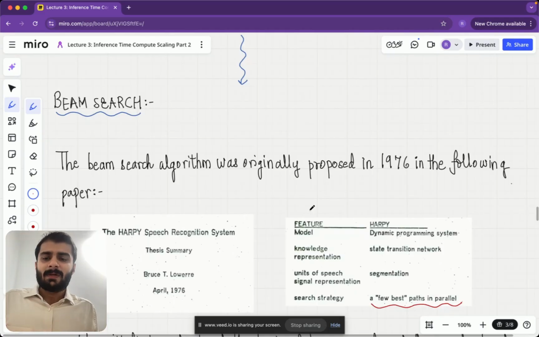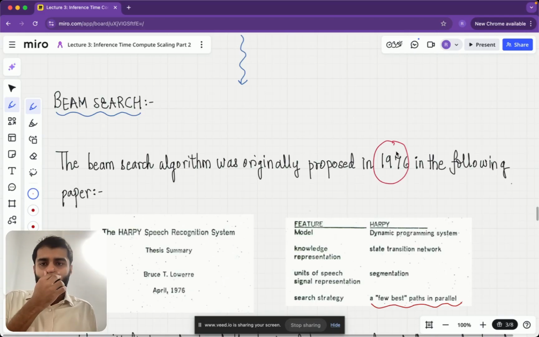The title of the paper is The Harpy Speech Recognition System, and this paper actually came out in the year 1976. So this algorithm was first used in the speech recognition domain.